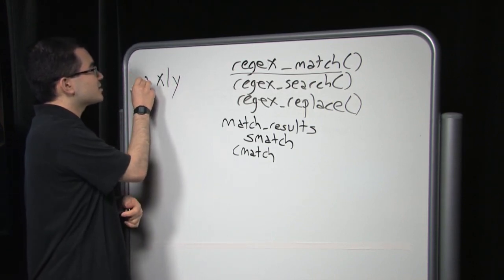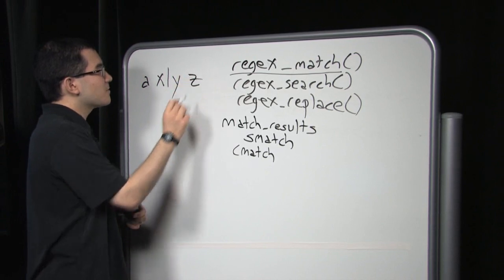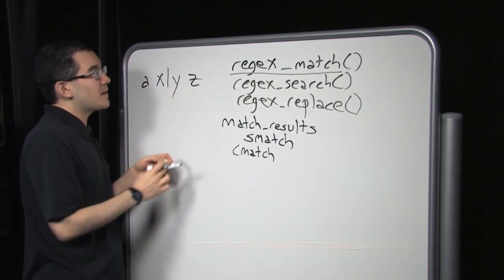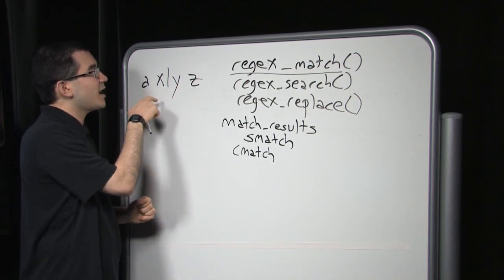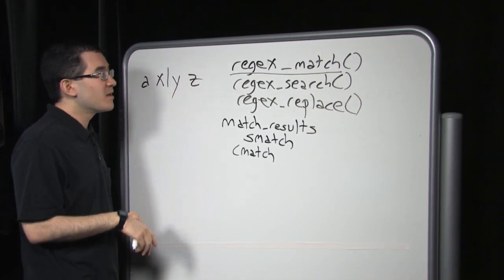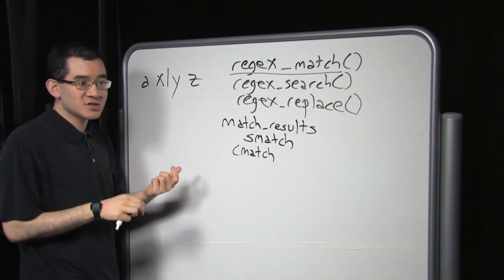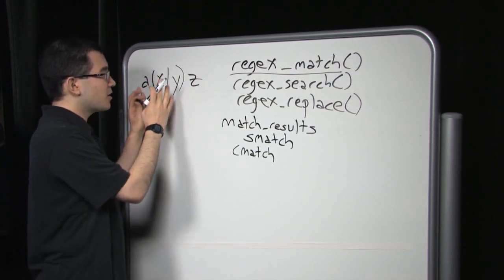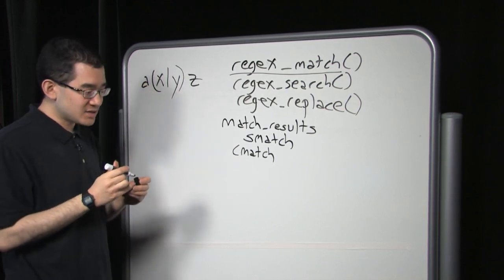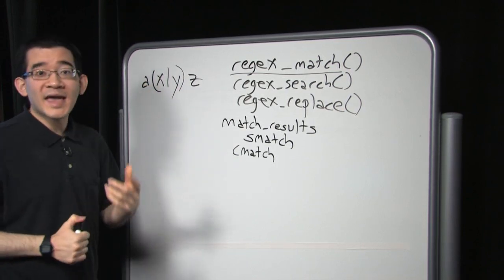I can't write this because this alternation binds weaker than concatenation. What this regex means is match ax or yz. If I want to say match a and then an x or y and then a z, I need to wrap it in parentheses. So parentheses can enforce precedence, but they also do what's called capturing.